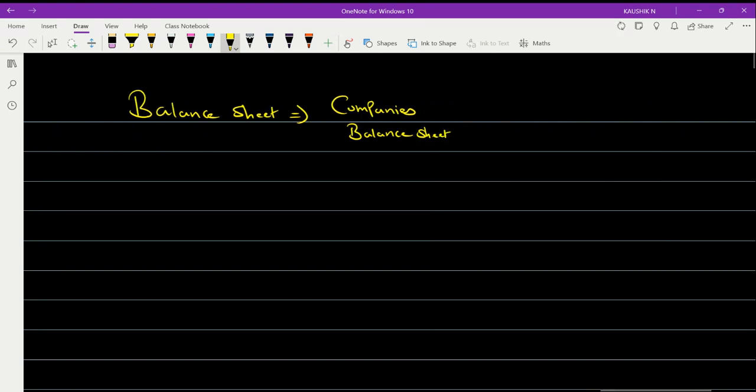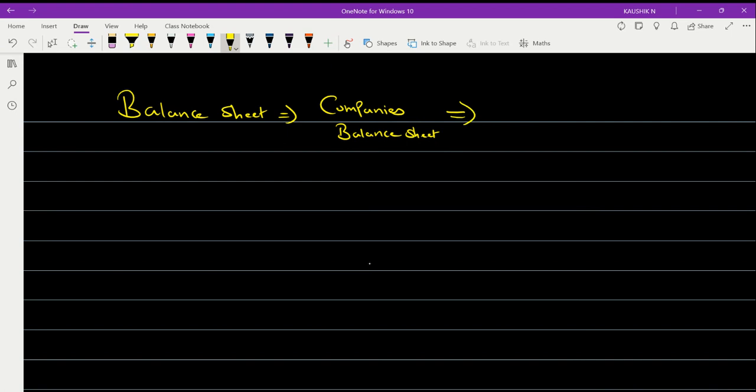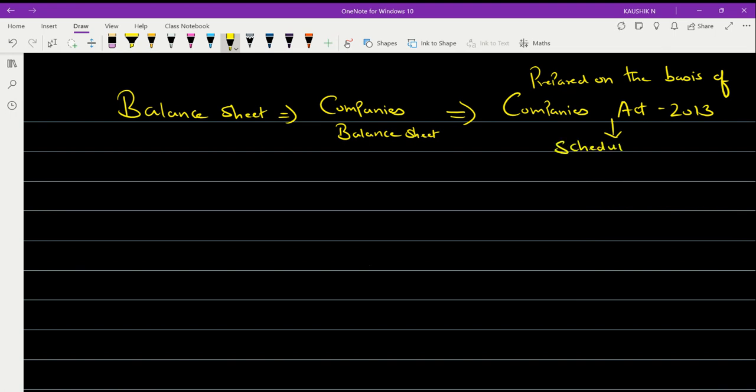When I say company's balance sheet, then it should be prepared on the basis of the Companies Act 2013, Schedule 3, Part 1. So we have to follow this procedure.